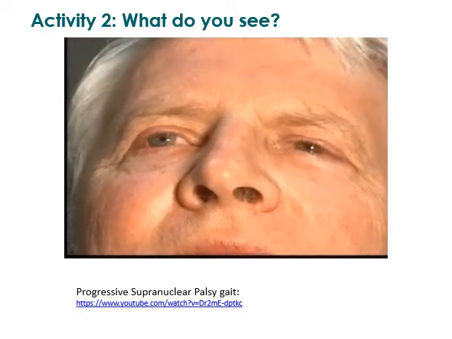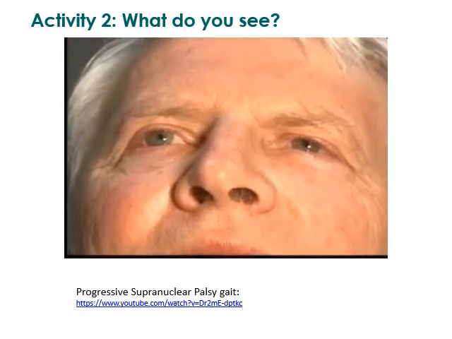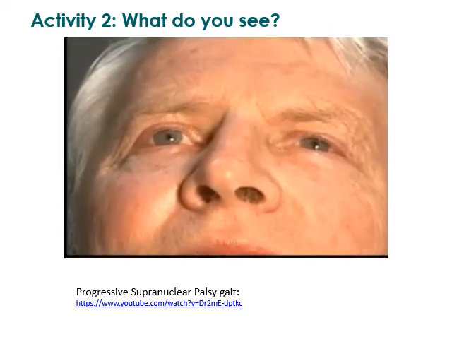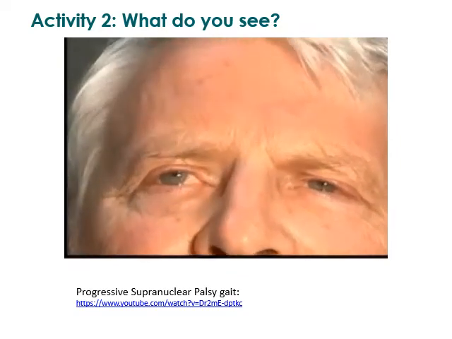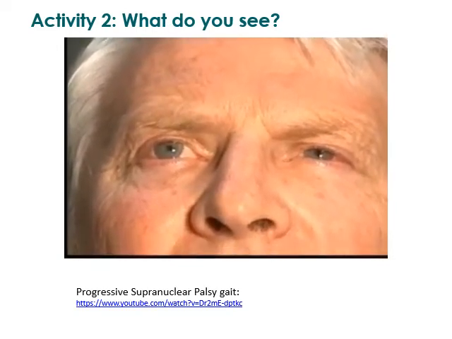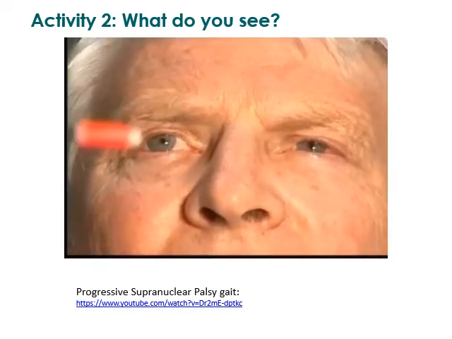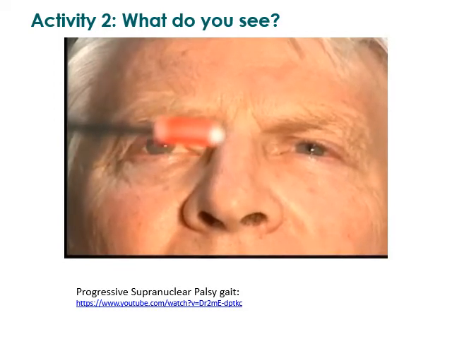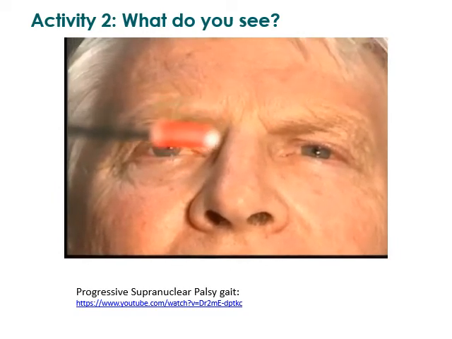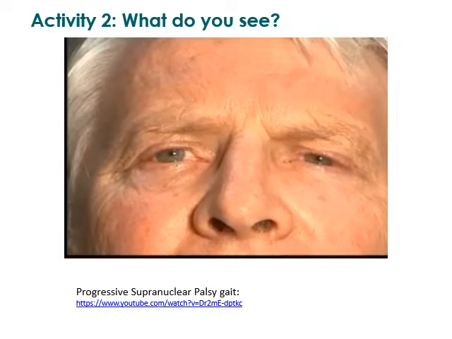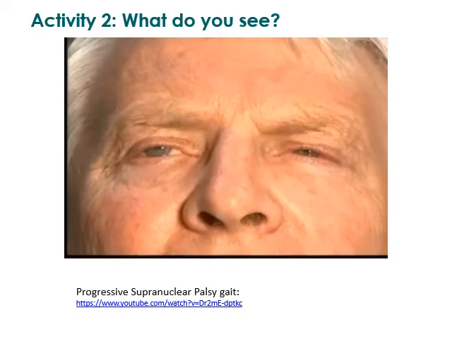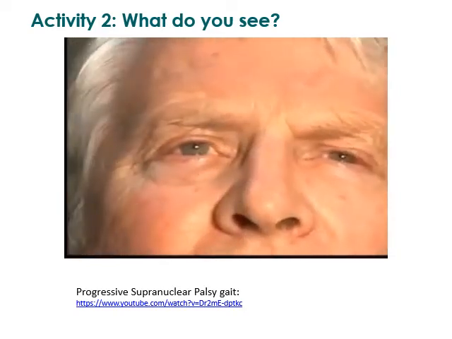Some patients will have involuntary eye closure, particularly when talking or watching television, which is called blepharospasm or apraxia of eyelid opening, and others will have difficulties negotiating stairs because of a difficulty in looking down. Eye movements form a particularly important part of the neurological examination in PSP. And the classical findings are of slowness of vertical eye movements, together with limitation of eye movements.